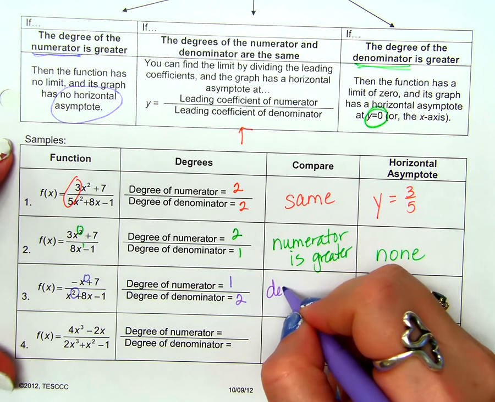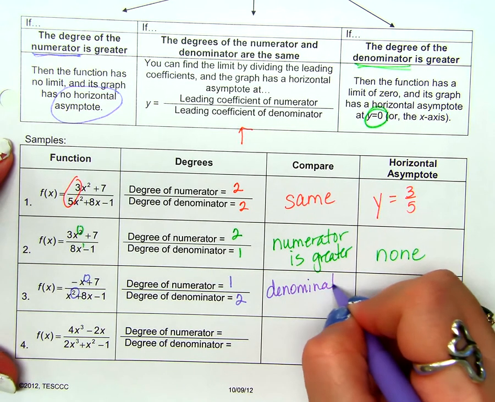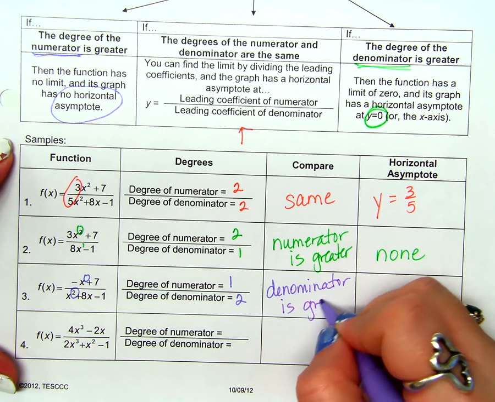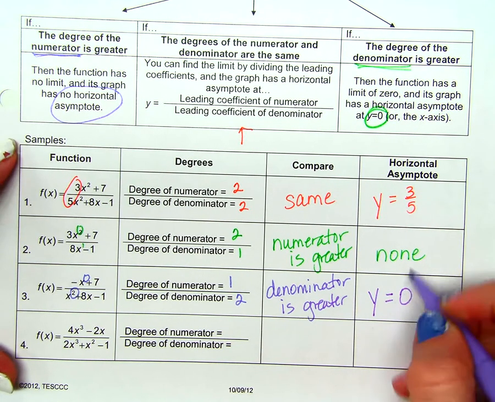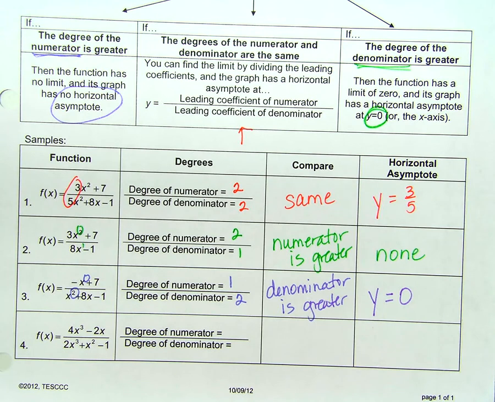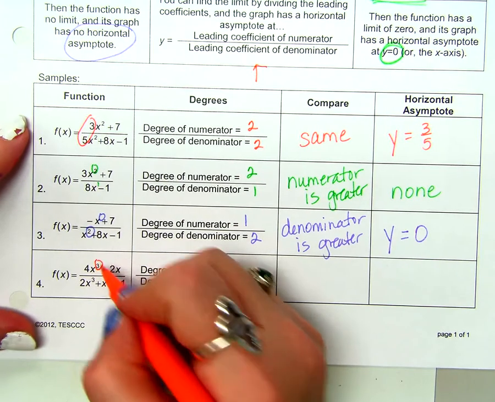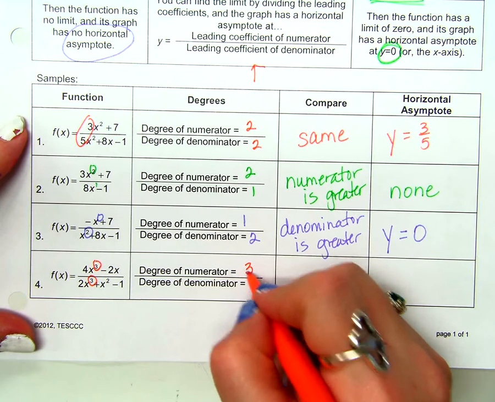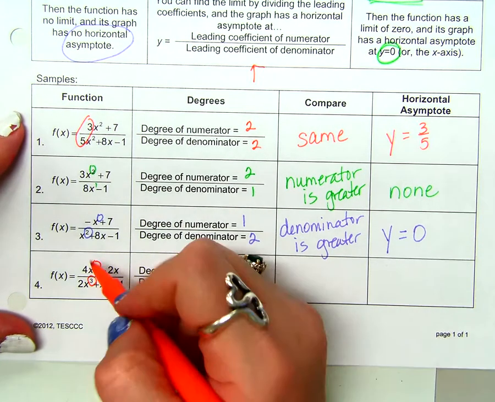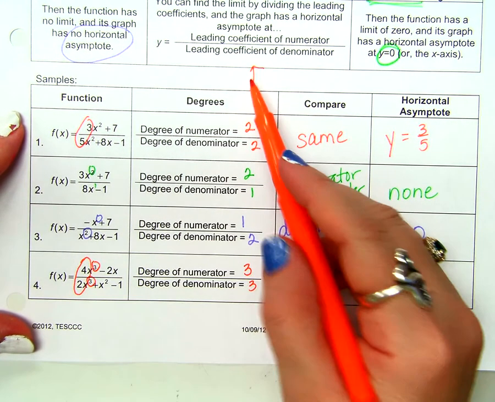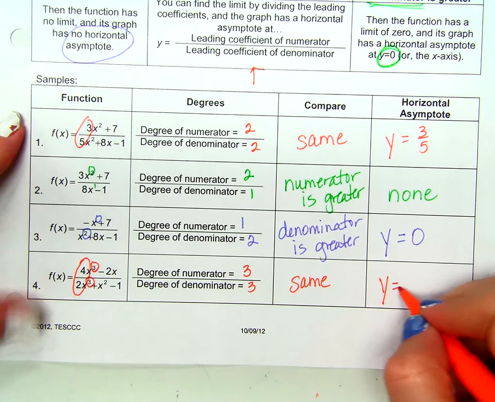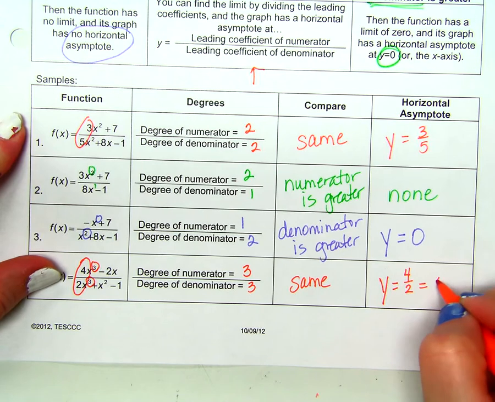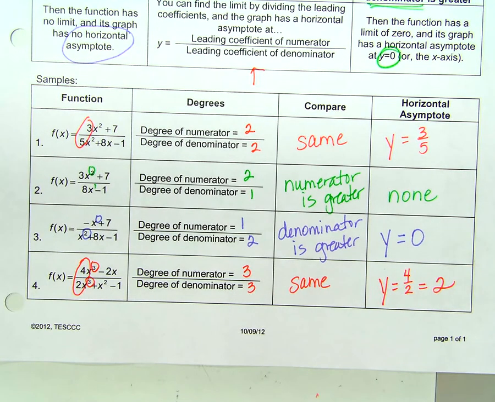So the denominator is greater, so we have a horizontal asymptote at y equals 0. And the last one, the degree of the numerator is 3 and the degree of the denominator is 3. They're the same, so y equals 4 over 2, or y equals 2. Okay? Peace.